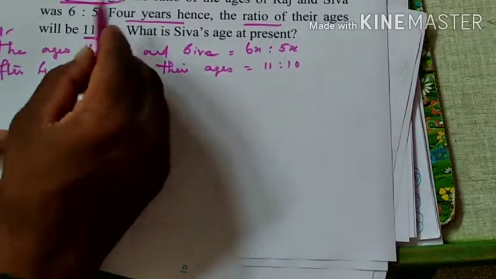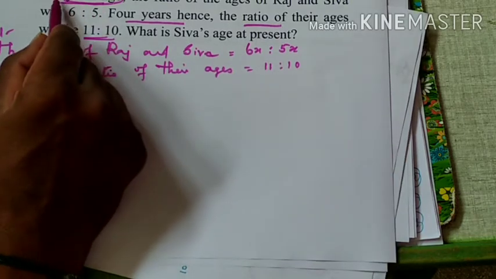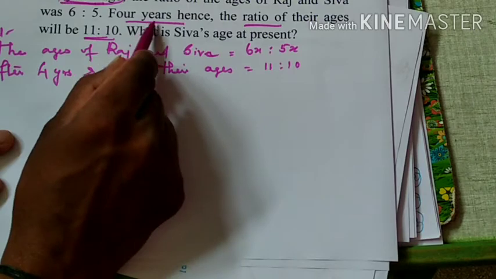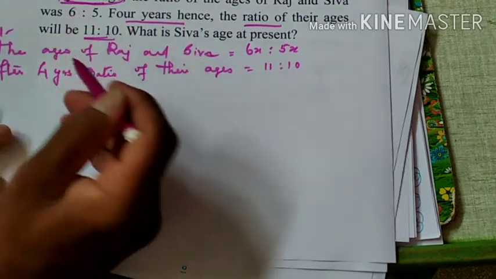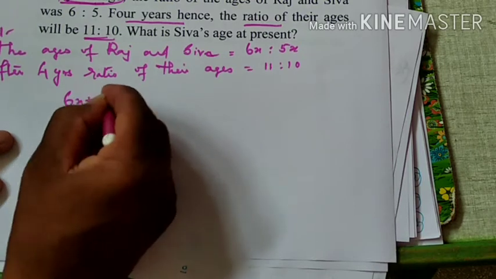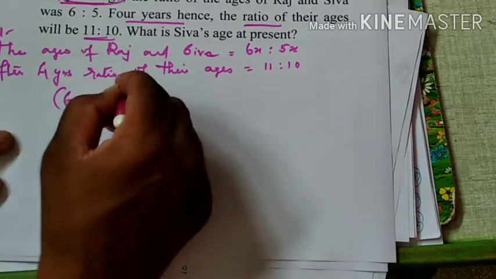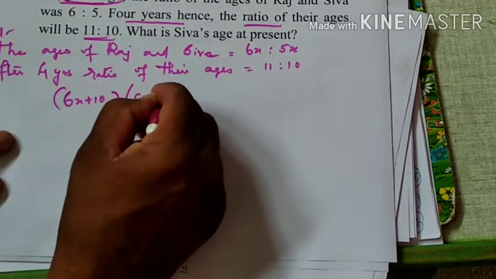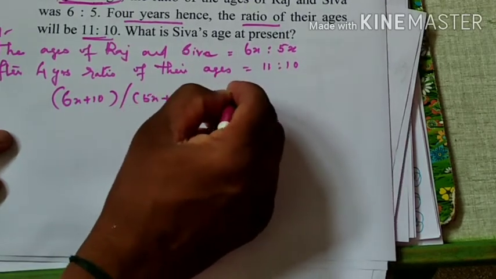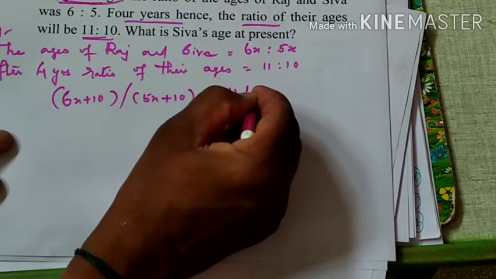Now here the 6:5 comes 6 years ago and is followed by 4 years hence. Therefore 6 plus 4 is 10. We are adding that 10 here. 6x plus 10 over 5x plus 10 is 11 divided by 10.